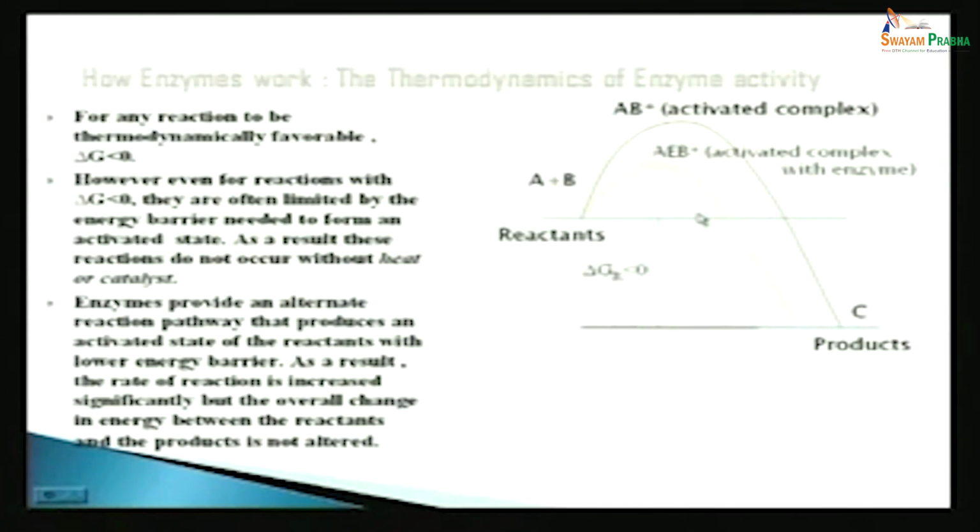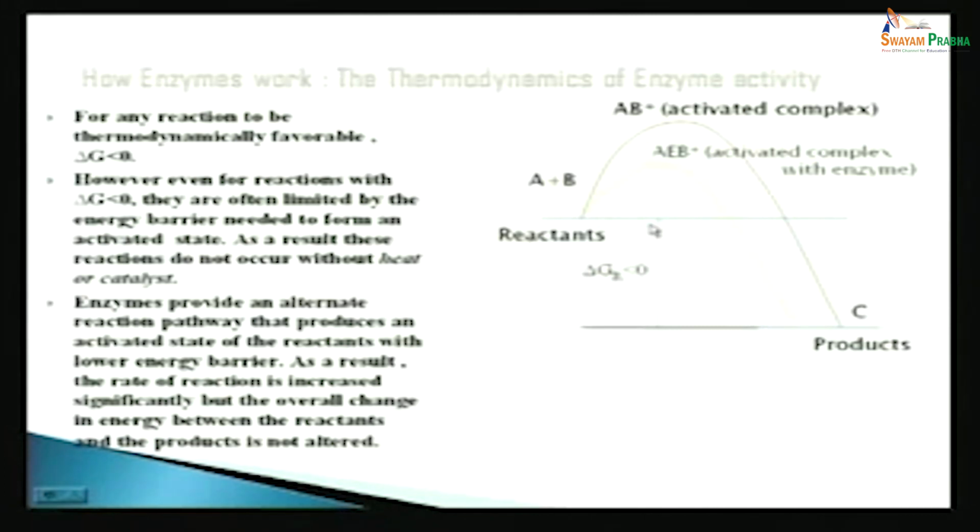But there are many reactions where this energy barrier cannot be overcome, and what the enzyme allows us to do is form this complex AEB+, where E is the enzyme, A and B being the two reactants, and which has a much lower activation energy barrier, which could be crossed easily.